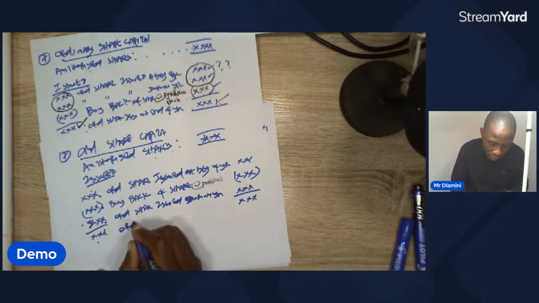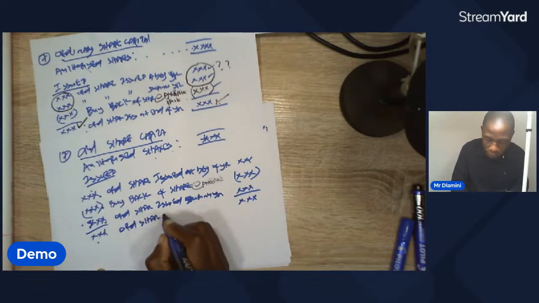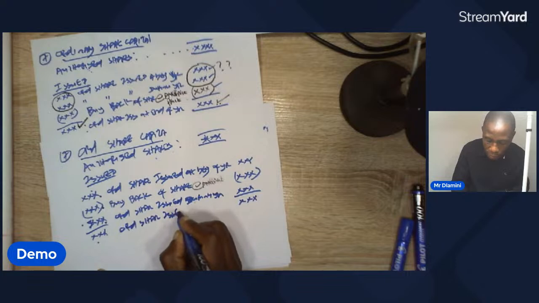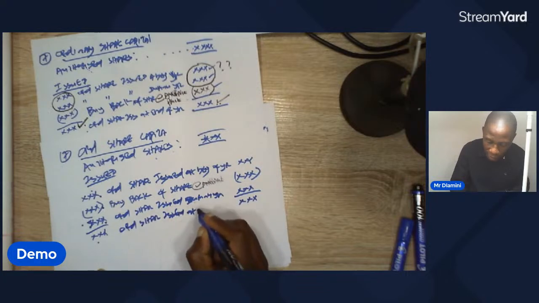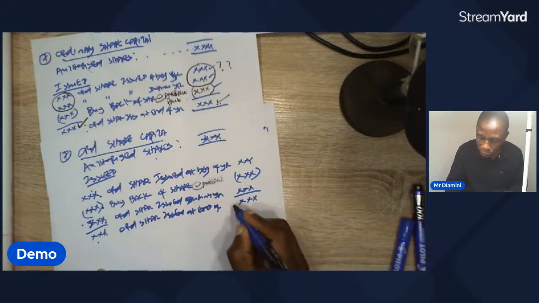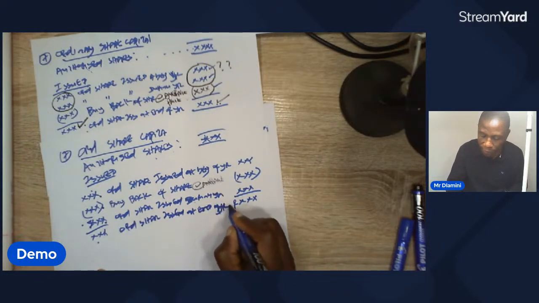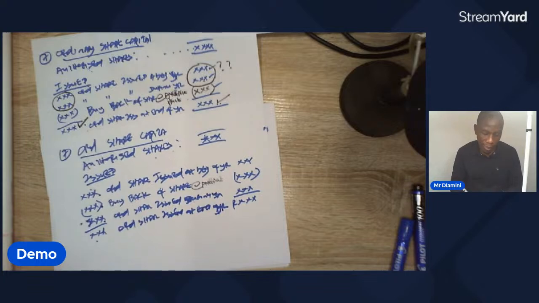So another amount, ordinary share issued at the end of year. Here is during the year. You get your figure here, end of the year. Right. This is how sometimes they can ask note number 7.